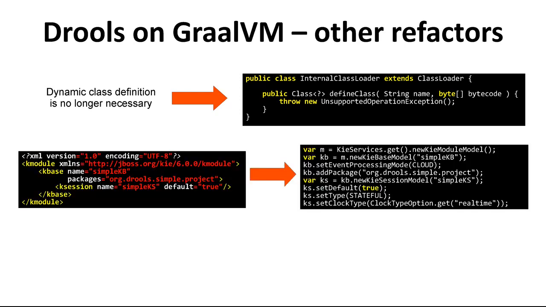And then, I quickly showed you during my initial demo that we have an XML file where we define the properties of our rule bases and sessions in our project. You cannot parse that file anymore; you need a lot of reflection as well.